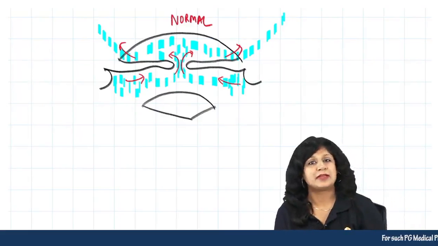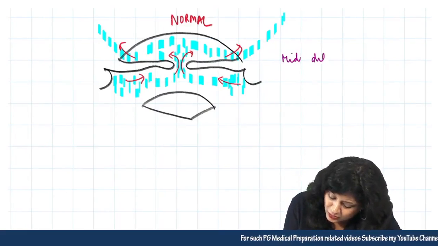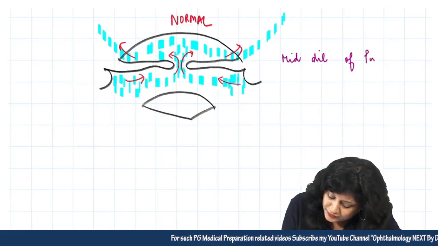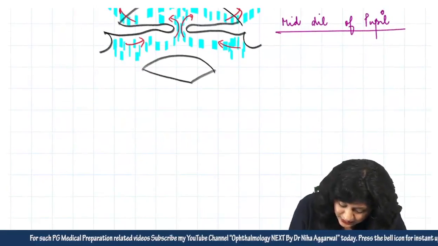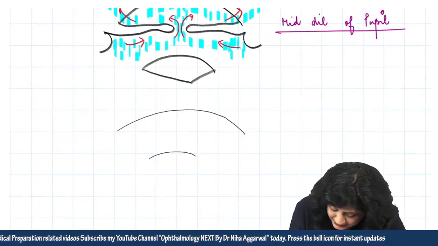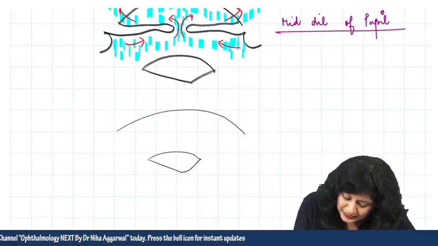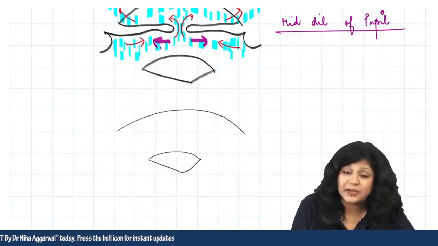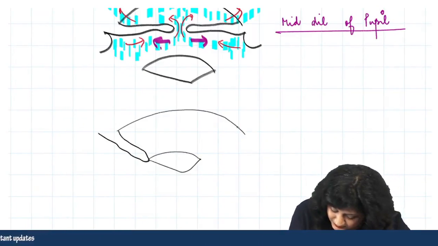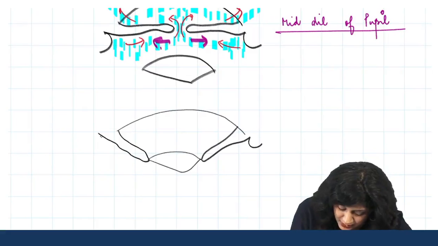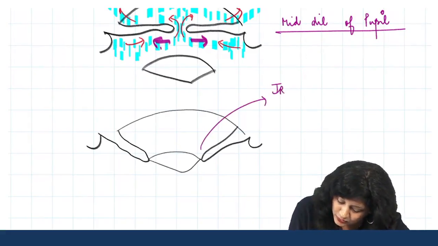Now whenever we have mid dilatation of the pupil, there is not only dilatation of the pupil, the iris is also going backward and having apposition towards the equator of the lens.